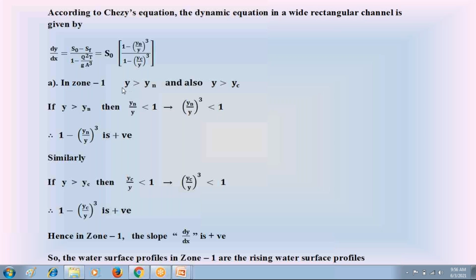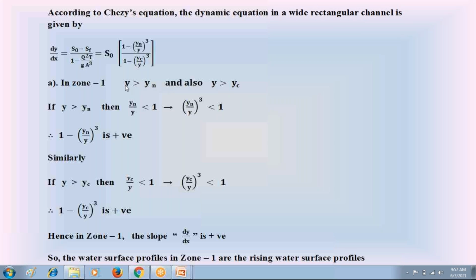In zone 1, the depth of flow Y is greater than Yn, and also greater than Yc. This is the condition in zone 1. Depth of flow Y in zone 1 is greater than normal depth Yn, and also greater than critical depth Yc.